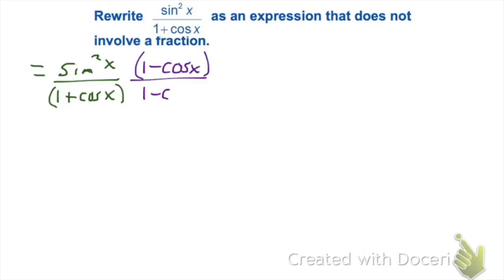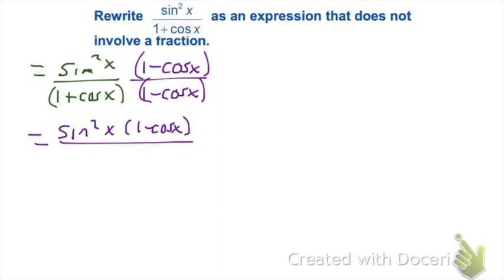Hopefully you'll see why I'm doing this rather quickly. I'm going to leave the numerator alone. I'm just going to rewrite it. But when you do the denominator and you do the conjugate, you're left with the first term squared, which is 1, minus the second term squared.